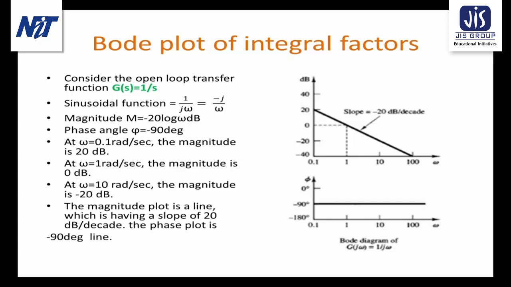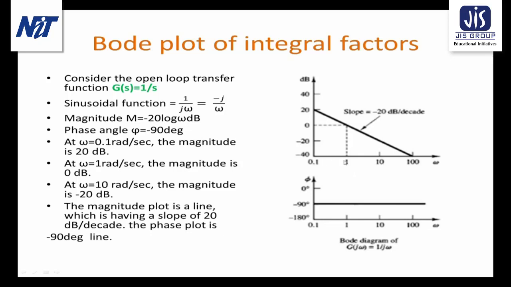So to plot the magnitude, we will consider different values of omega. First consider omega is 0.1. I have started with 0.1 because on this x-axis I have considered that omega is first varying from 0.1, and then consider 1 decade, that is 0.1 multiplied by 10, so it becomes 1. Then this 1 is multiplied by 10, so it becomes 10, and next this 10 is multiplied by 10, so it is 100, like this.